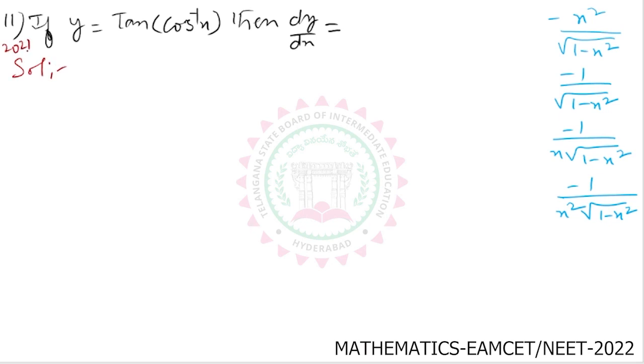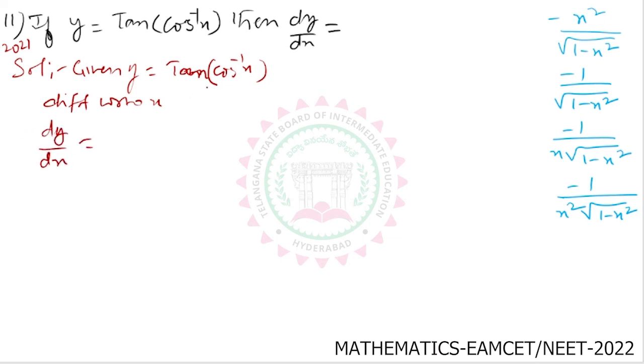This is also in some other section, 2021. So what is given? y is equal to tan of cos inverse x. So differentiating with respect to x, dy by dx is equal to derivative of tan x is sec square x, sec square of cos inverse x into derivative of cos inverse x, which is nothing but minus 1 by root of 1 minus x square.